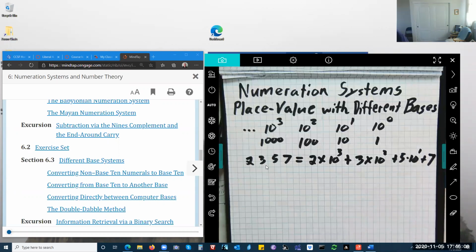Now, how about a different base? I'm going to do a base 5 system for comparison.